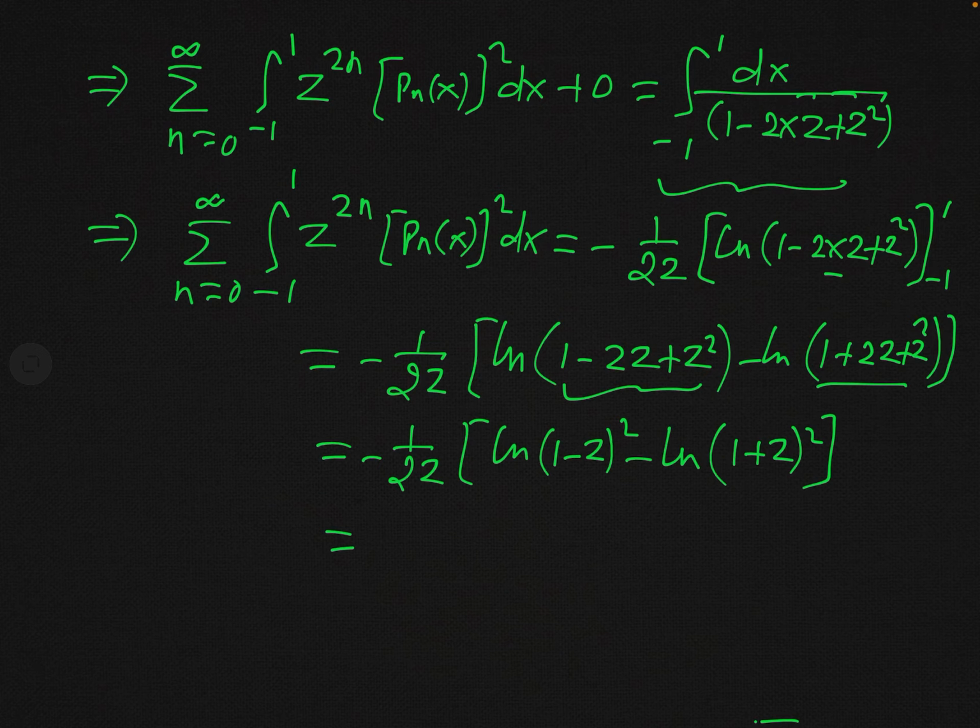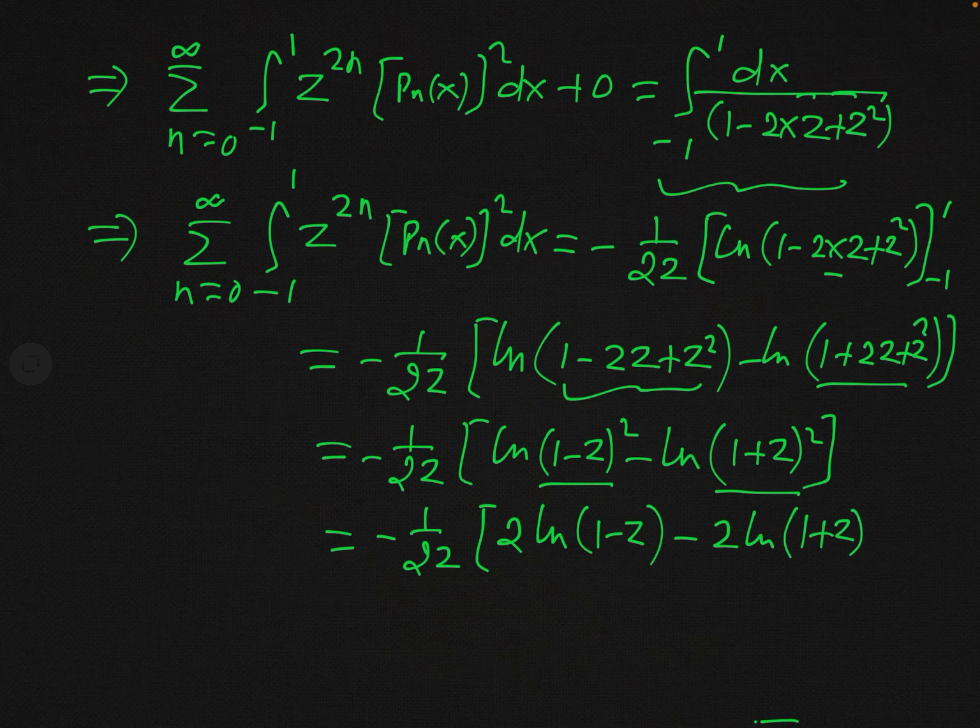And you know that this will be -1 over 2z times. Now ln of 1 minus z whole square will be what? This can be written as 2 ln of 1 minus z, and minus again ln of 1 plus z whole square, which will be written as 2 ln of 1 plus z.